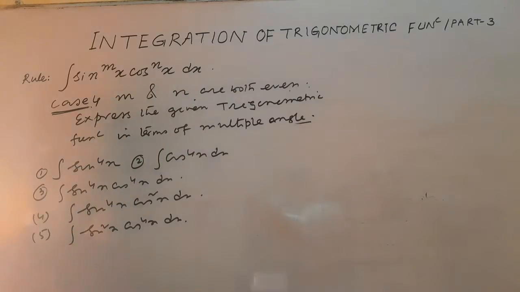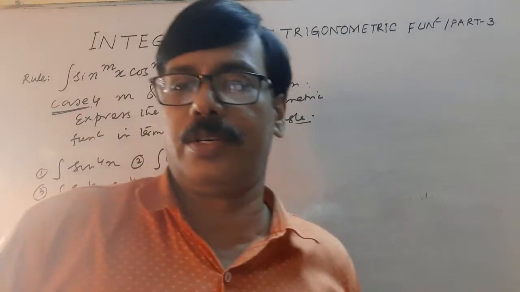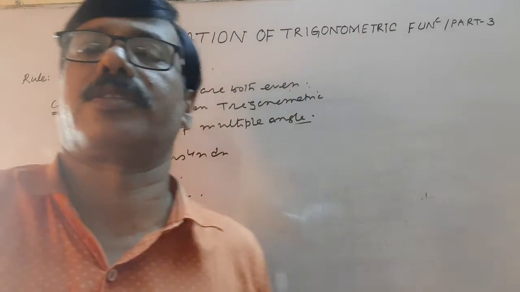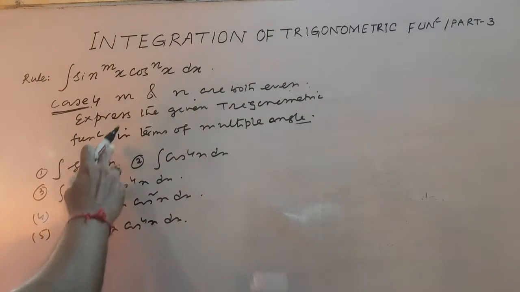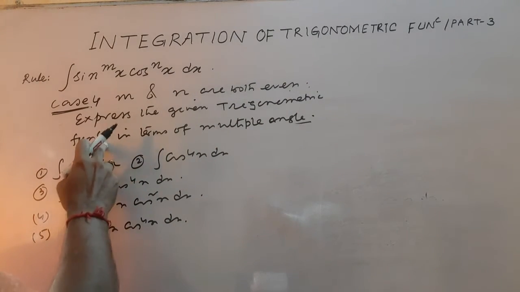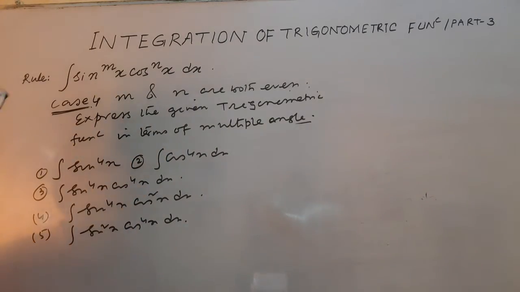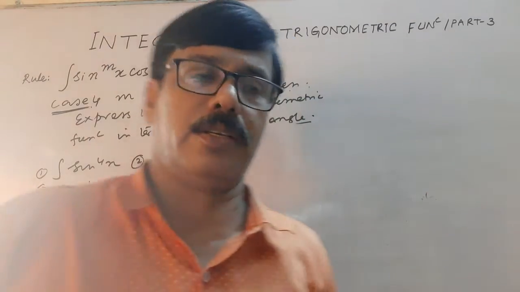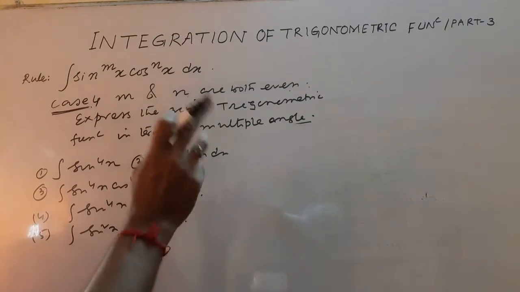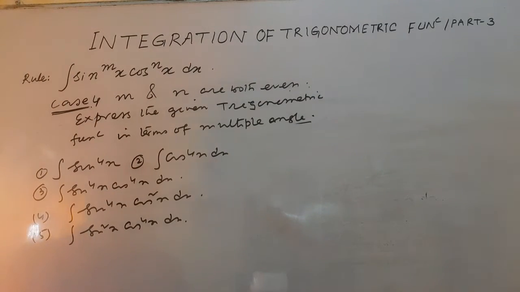So sin to the power 4, we have already solved it in the previous section. So power of sin is even. So no cos, so cos x to the power 0. So power of cos x is even. So express it in terms of multiple angle.